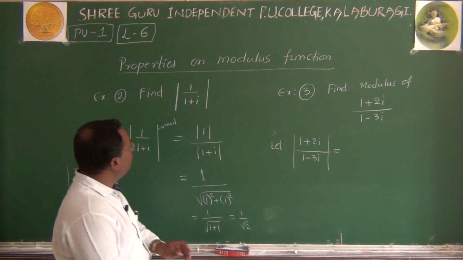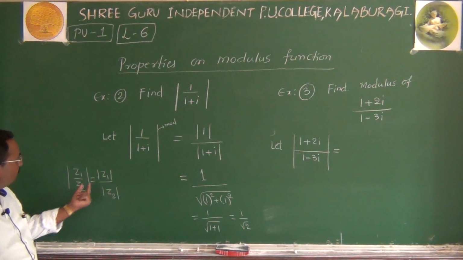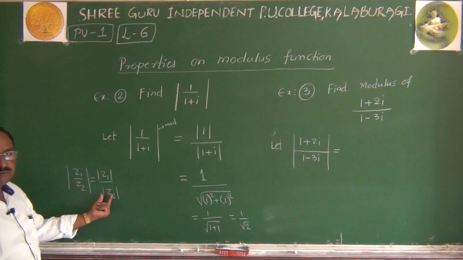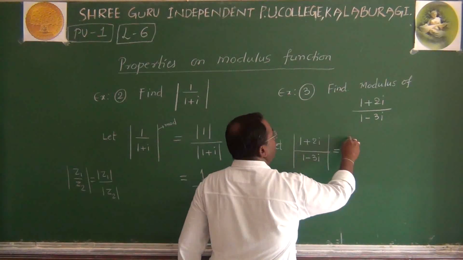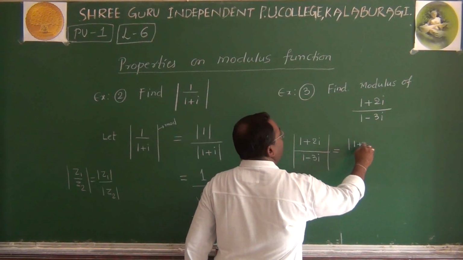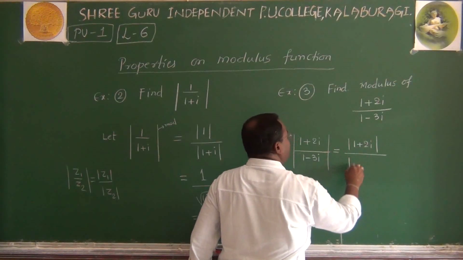We know the definition of modulus of Z1 by Z2: modulus of numerator divided by modulus of denominator.